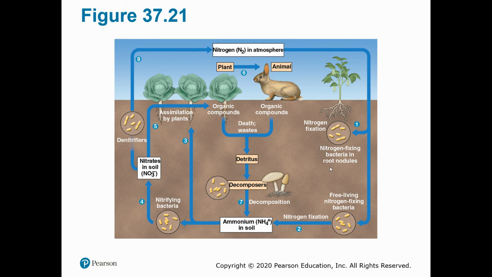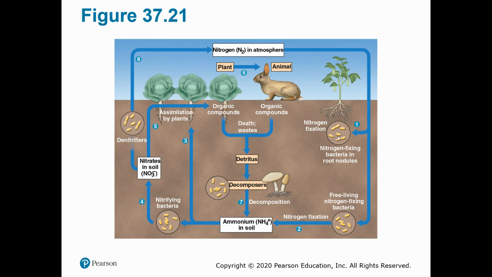Nitrogen, in large part, depends on the presence of nitrogen fixing bacteria that are able to fix this nitrogen and make sure that plants can pick it up. Decomposers have a role in this too, and then denitrifiers.